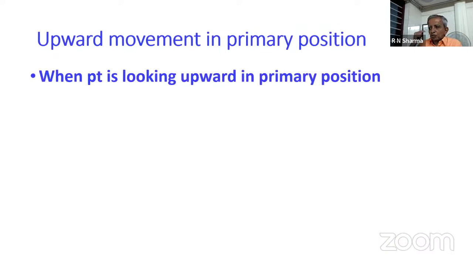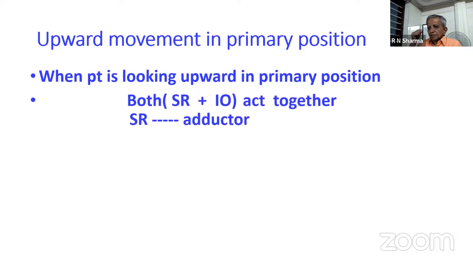Now, when we are moving the eyeball in the primary position, the elevators will act. When you move the eyeball straight upward, both the superior rectus and inferior oblique of that eye will act. So right superior rectus and right inferior oblique will act.